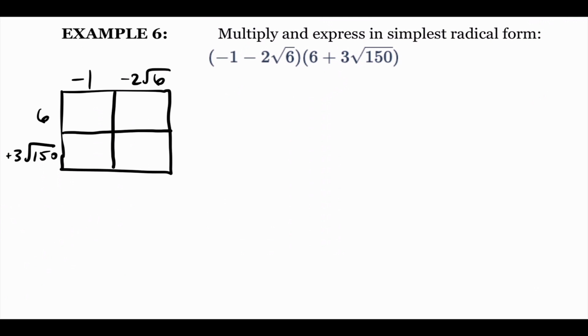Okay. So I can multiply -1 times positive 6 to make -6. I can multiply 6 times -2 to make -12. Root 6 is attached. -1 times positive 3 makes -3 with a root 150 attached. And then the last one is -2 times 3, which is -6.